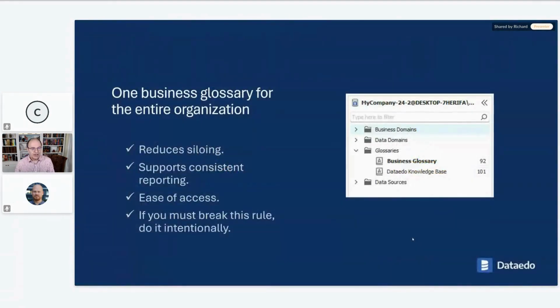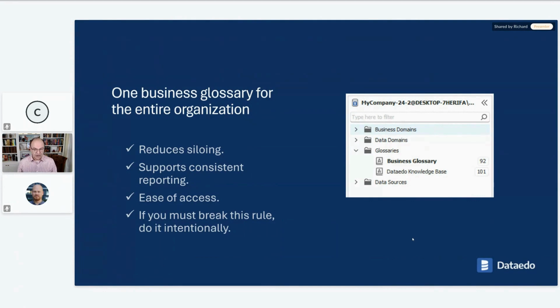So the first best practice here, one business glossary for the entire organization. This is an item for discussion, I'll grant that. But when you think about the primary purposes of the business glossary, those being to reduce siloing, to enable communication, to support consistency and consistent understanding in reporting, use and interpretation of reports, all of those things, the idea of a single glossary supports all of those.